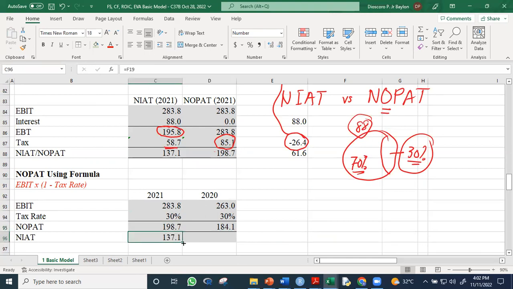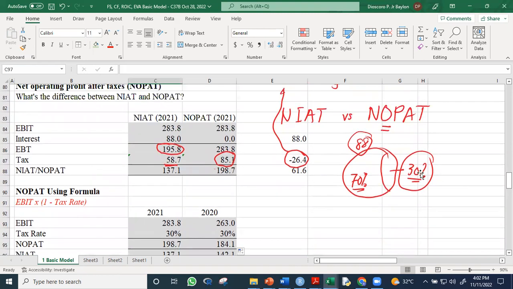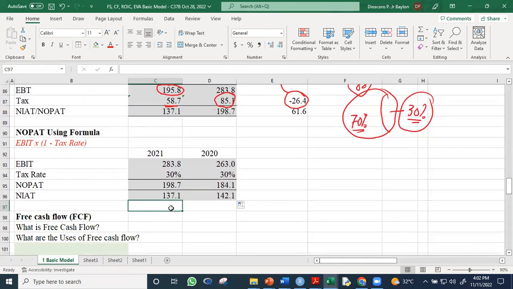And we can copy this. So you can see, class, that the NOPAT is higher than the net income after tax. And the difference is the tax rate multiplied by the interest expense. If you get the difference, it is 61.6.